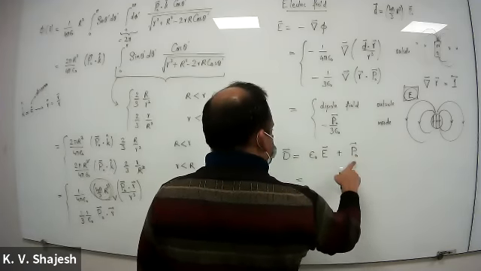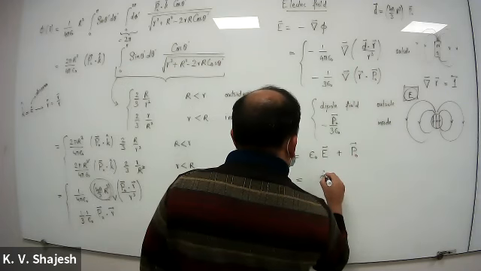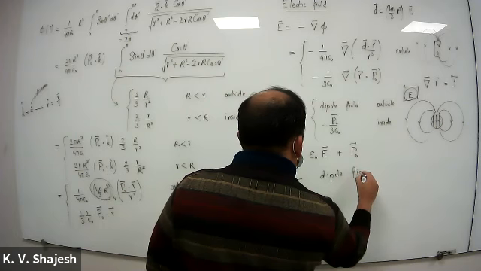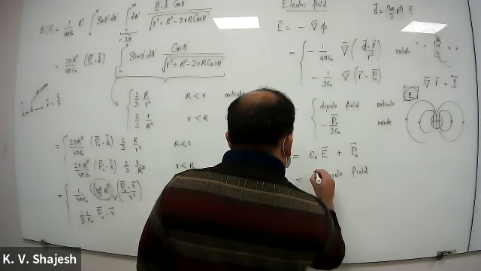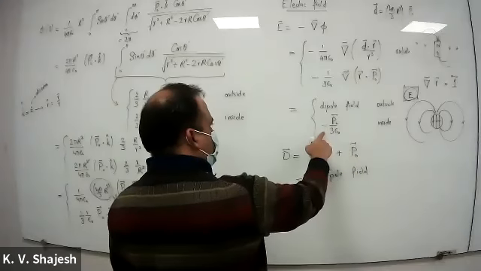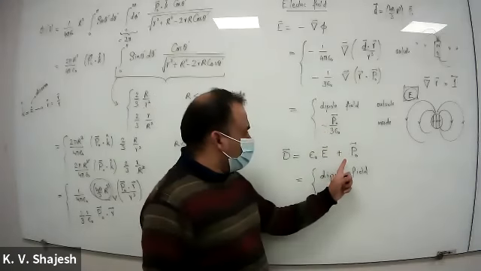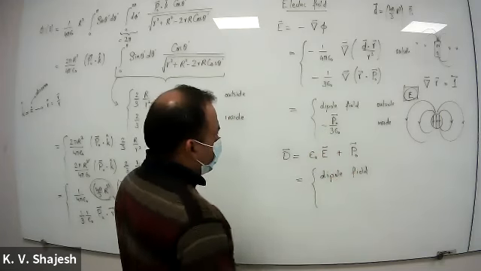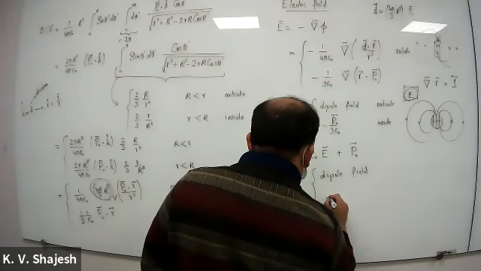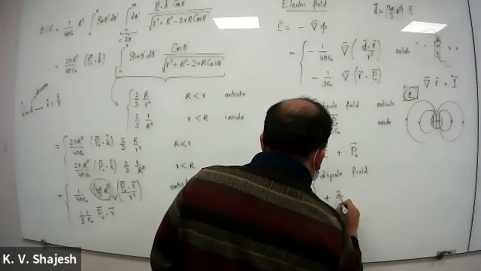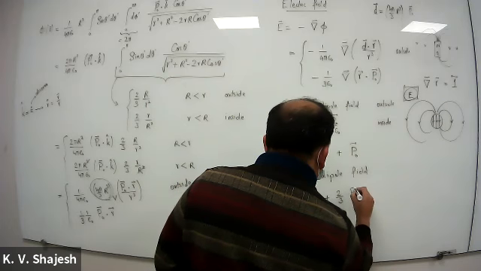Outside is the same because P naught is 0, stays the same. This is dipole field still. But inside, you have to add this to this quantity. So minus 1/3 plus 1. So this changes sign now, and this is plus 2/3 times P naught.